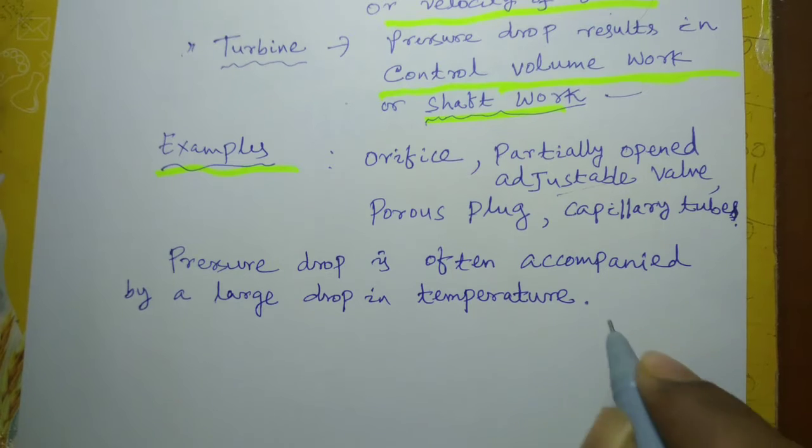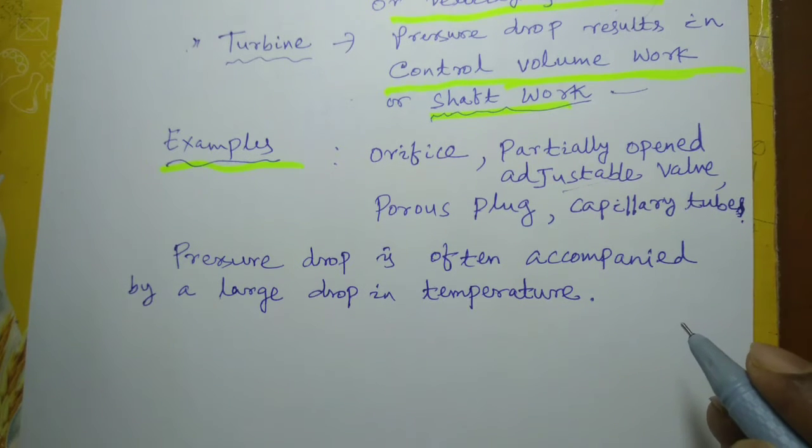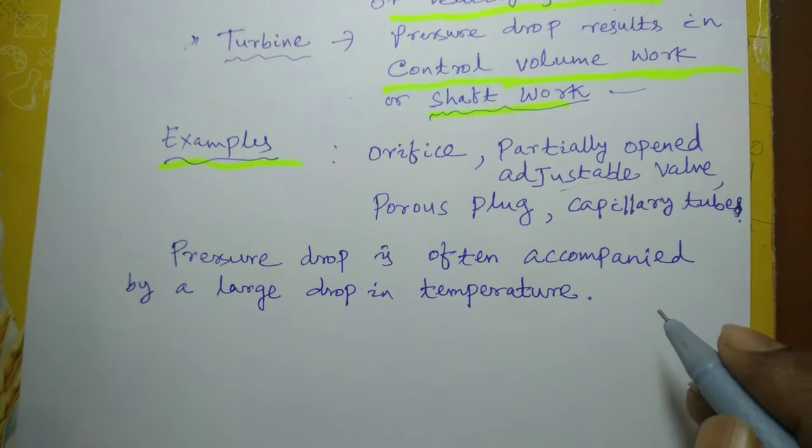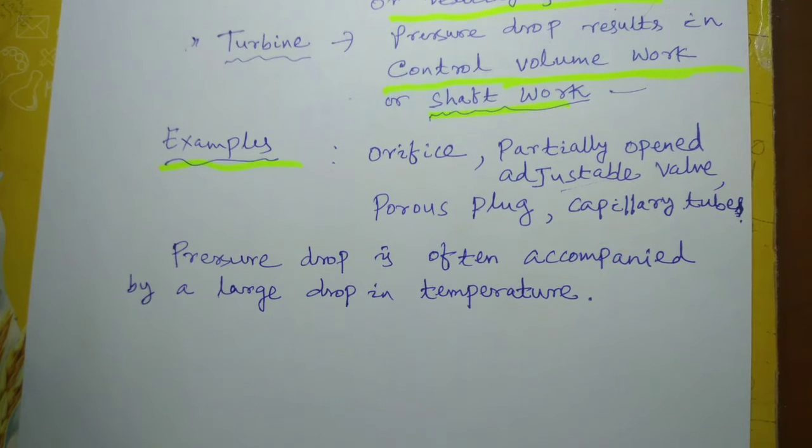So drop in temperature. So that's why this throttling valve is used for refrigeration and air conditioning purposes, where decrease in pressure of the refrigerant in case of refrigerator is required, and along with that decrease in saturation temperature is also required.